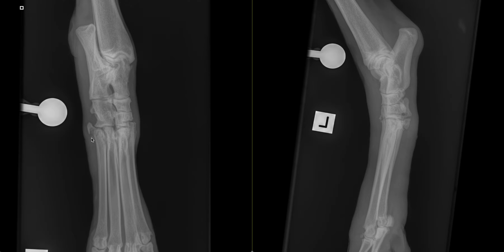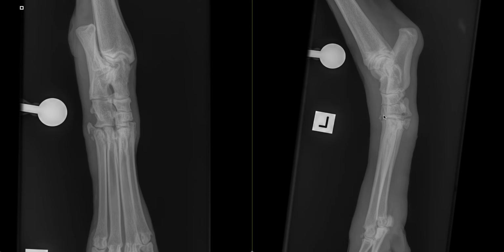Multiple fracture lines are observed along the proximal aspect of the left fifth metatarsal bone, resulting in a large triangular fragment that is displaced proximally and multiple smaller fragments that are less well defined. Another large fragment is oval shaped.